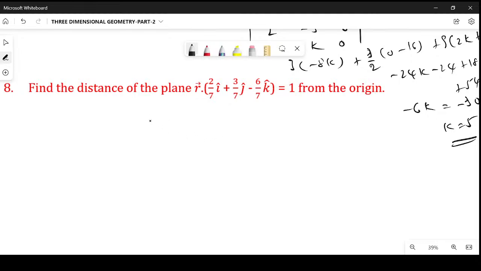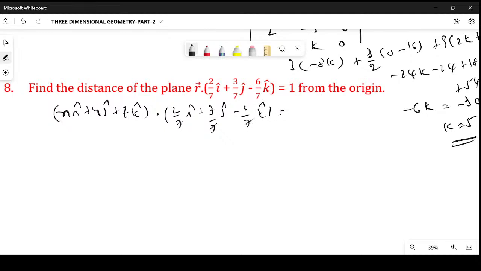I will tell you the method. Suppose I am using Cartesian form. So x i cap, y j cap, z k cap, dot 2 by 7 i cap, 3 by 7 j cap, minus 6 by 7 k cap, equal to 1.